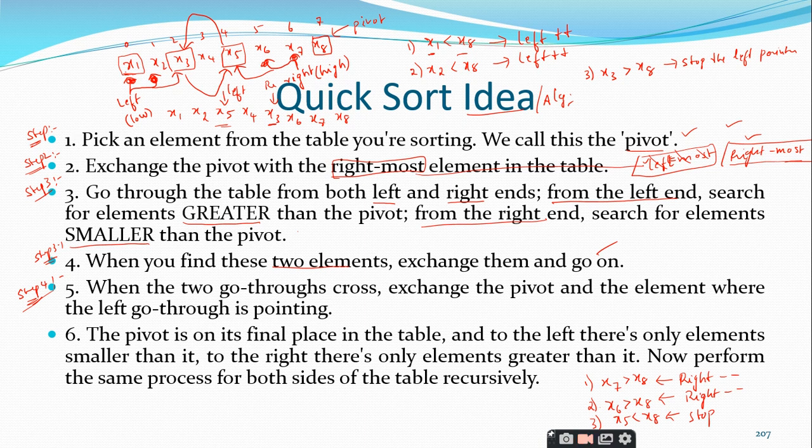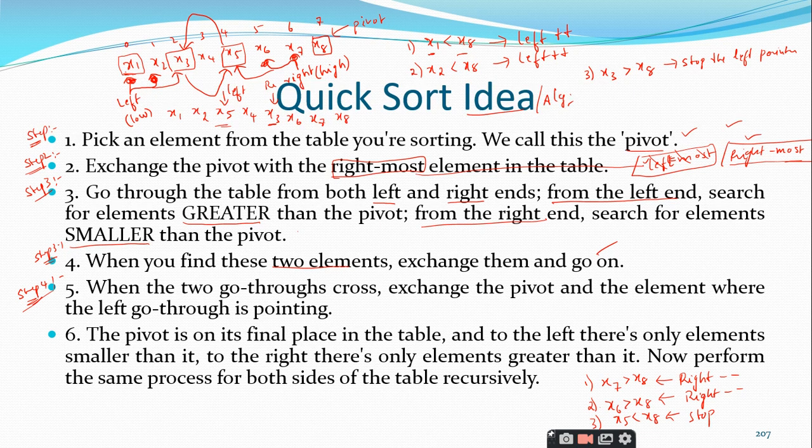Whenever you find this situation, swap those two elements, and at one point the two pointers left and right cross each other. At this point, we have to swap the pivot element with the element pointed by the left pointer, and you have to go on implementing this quick sort algorithm on the left and right subarrays until you get the sorted list of elements.